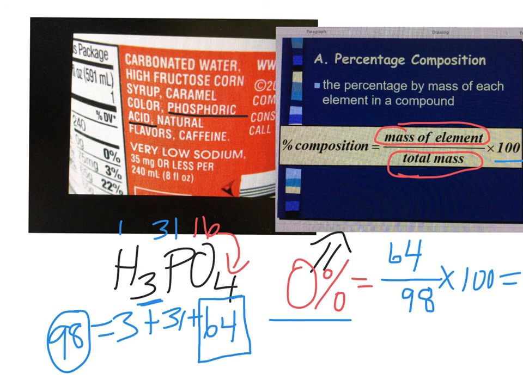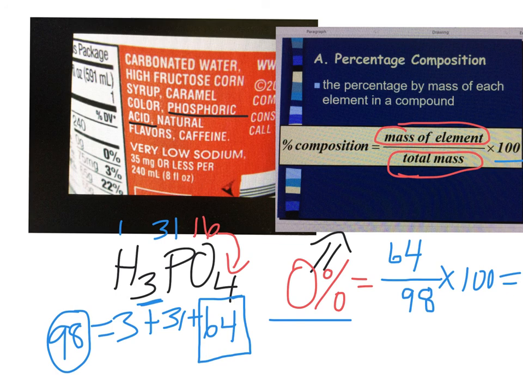Now remember, always put your top number first. 64 divided by 98. Depending on your calculator, make sure you press equals and then do your times 100, just to make sure that your calculator is actually doing the correct job.